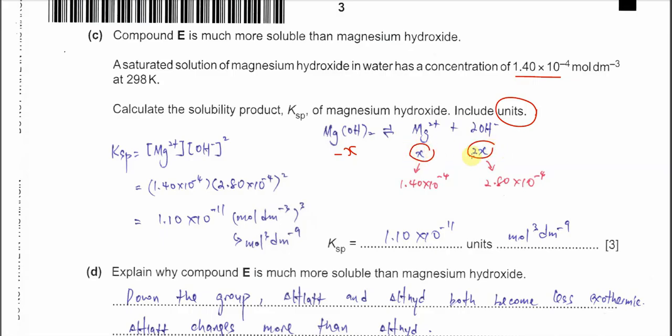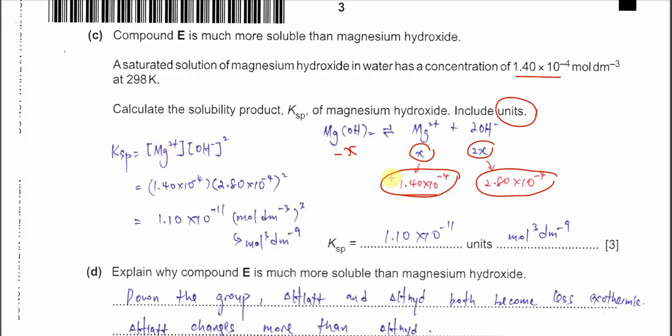But you don't need to find this unknown because it's already given. So the X now is the one that is given, 1.4 times 10 to the negative 4. The hydroxide is double, so it's 2.8 times 10 to the negative 4. Substitute these two concentrations into the Ksp expression. Ksp is equal to the concentration of magnesium ion times the concentration of hydroxide squared.